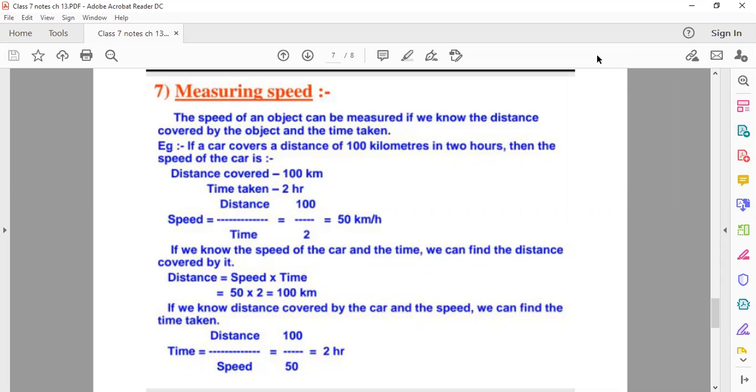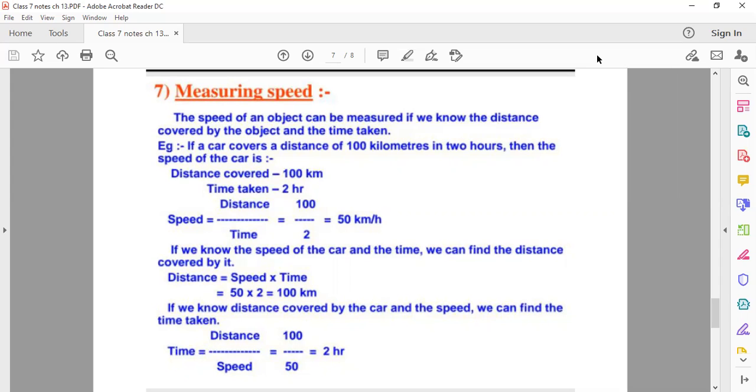Today we'll learn how to measure the speed of a vehicle or of any object. The speed of an object can be measured if we know the distance covered by the object and the time taken. Then it becomes very easy to measure the speed. Children, the formula for calculating speed is distance upon time.